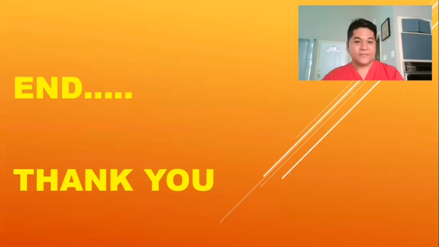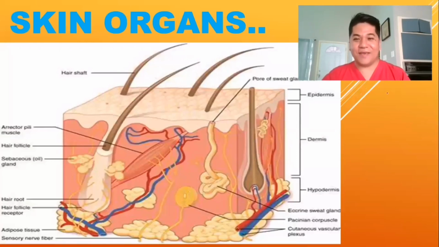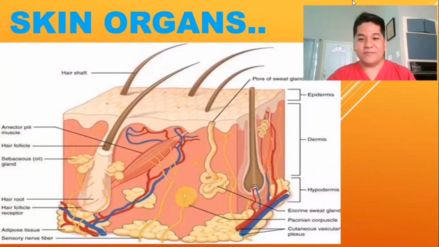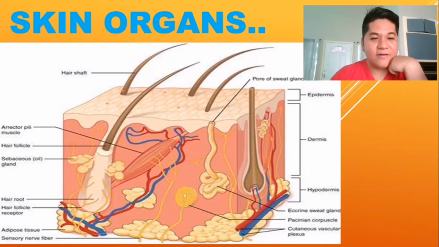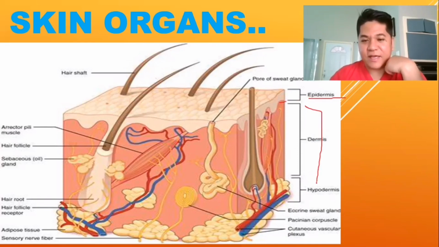Now we have here the skin organs. This is the hair. This is called the epidermis, that's the layer. Then this is the dermis layer. And then the hypodermis, that's the innermost layer.